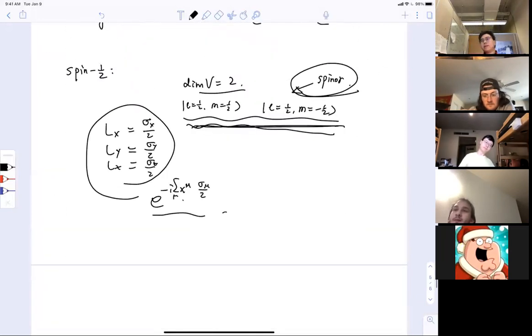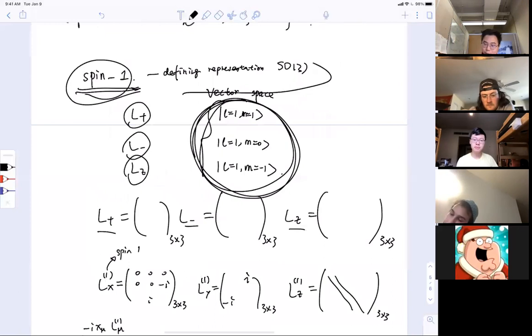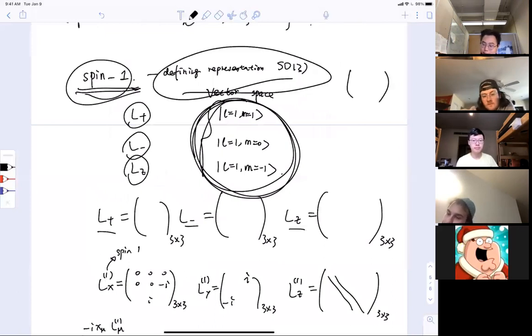Okay, so I think there is a theorem saying that for any simple Lie group, any finite-dimensional representation is equivalent to a unitary representation. By the way, SU(2) is a simple Lie group.